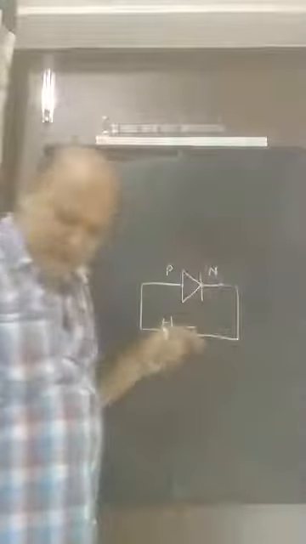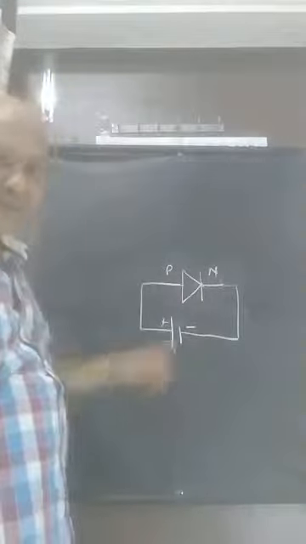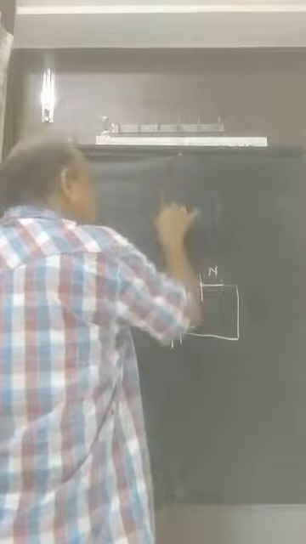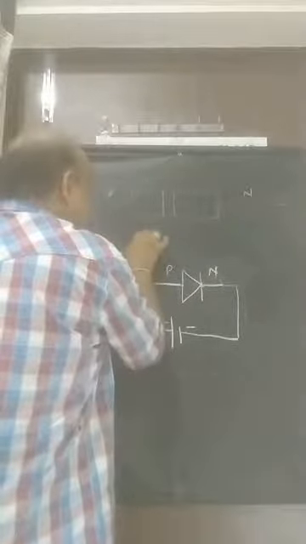In case of this forward biasing, what happens? This is called forward bias. Let us see. This is, once again, the diode, and here this is the junction, the depletion width, this is P and this is N. What I am doing here is, this is connected to the positive of the battery and this is connected to the negative of the battery.